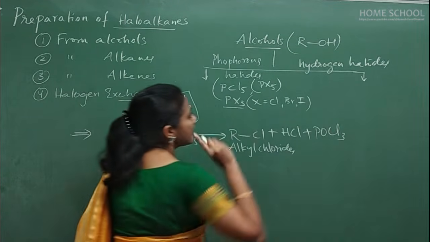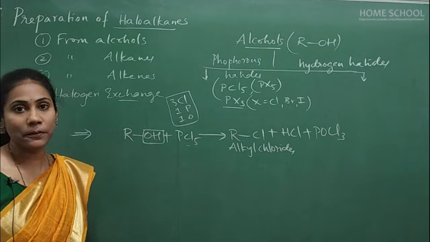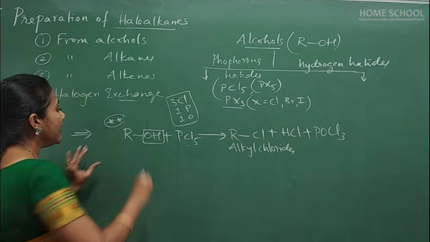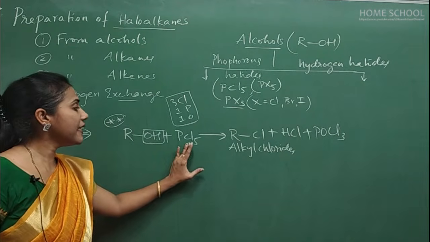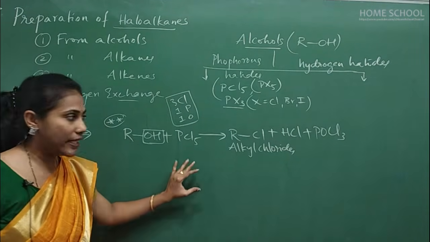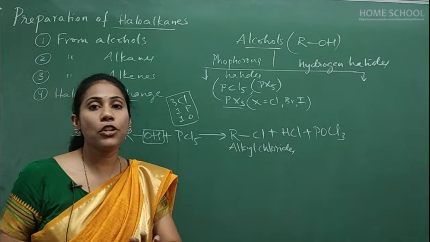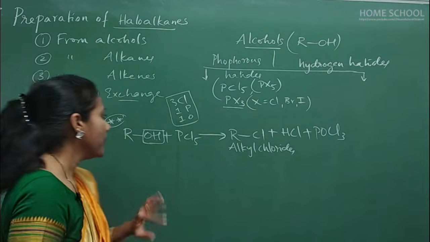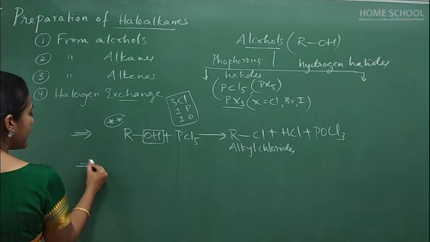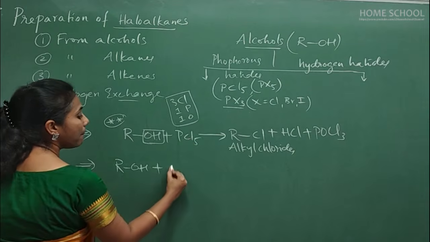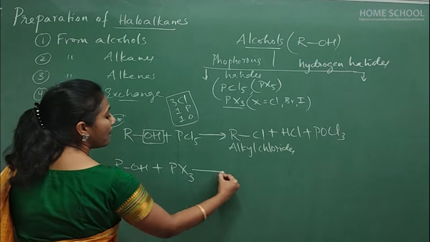POCl3. So POCl3 is another byproduct. This is a very important reaction. Whenever alcohols are treated with phosphorus pentachloride, you will get RCl, chloroalkanes. Clear? Fine.